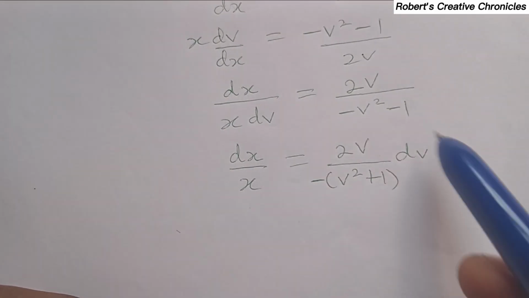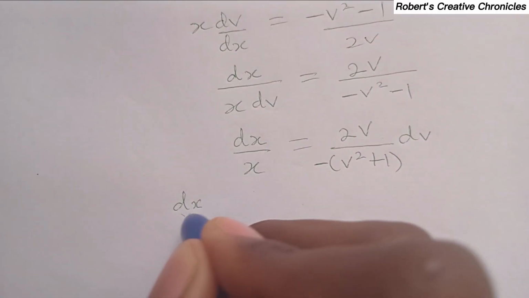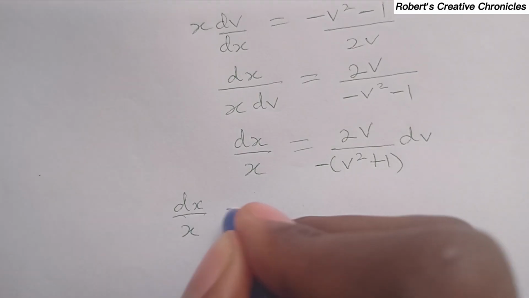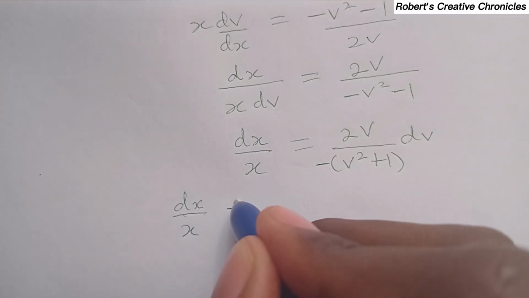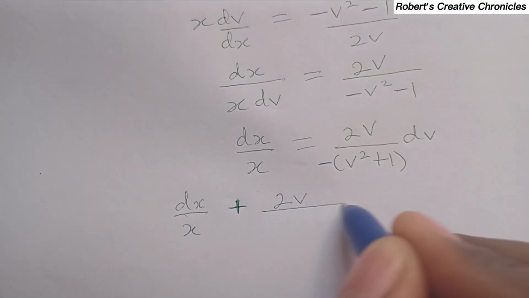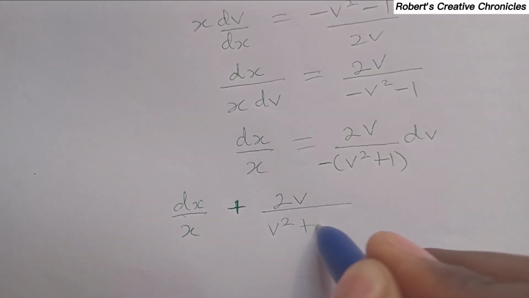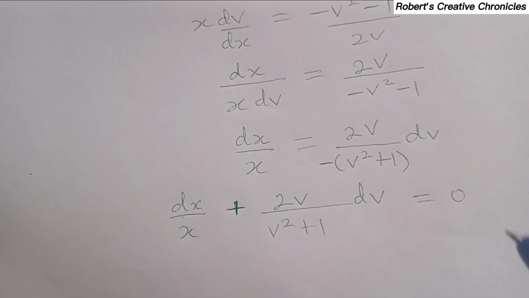So now we can bring this term back to the left hand side. It becomes the x over x. Since there is a minus here, if you bring it here, it becomes plus. So it's plus 2v over v square plus 1, the v is equals to 0.